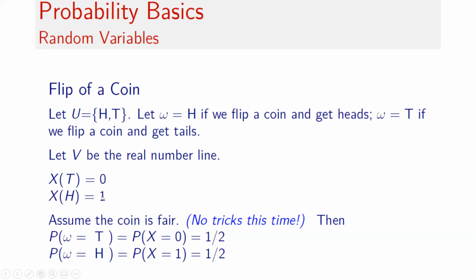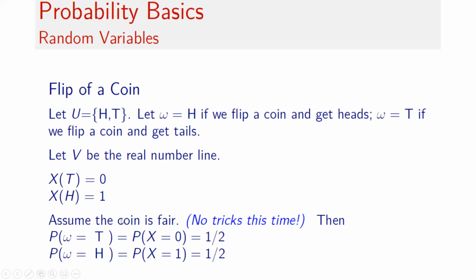And if we assume that the coin is fair, we have 1/2 probability to obtain heads and 1/2 probability to get tails. We can say that the probability of omega equal to T is equal to the probability that capital X is equal to 0.